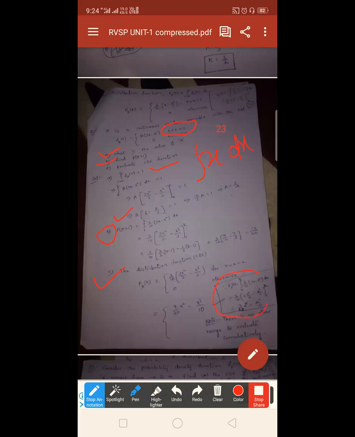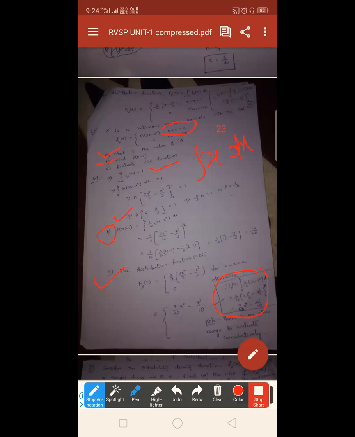What is the relationship between cumulative distribution function and probability density function? Cumulative distribution function is equal to the integration of the probability density function, isn't it? You have to integrate the probability density function to get the cumulative distribution function.